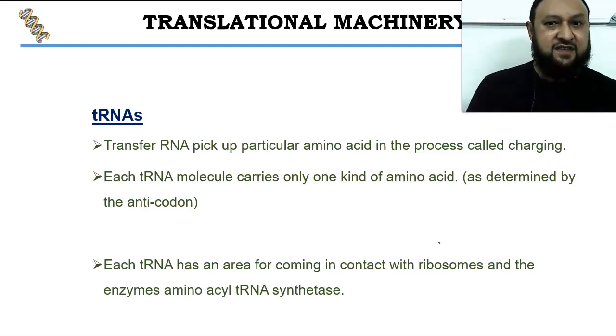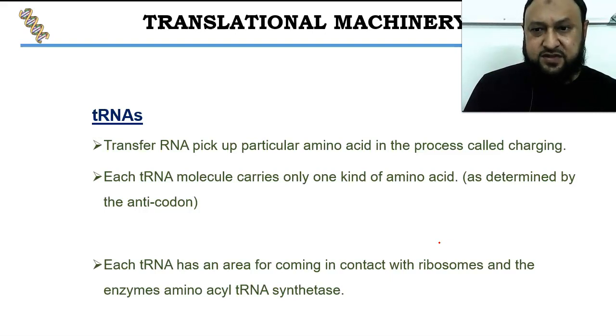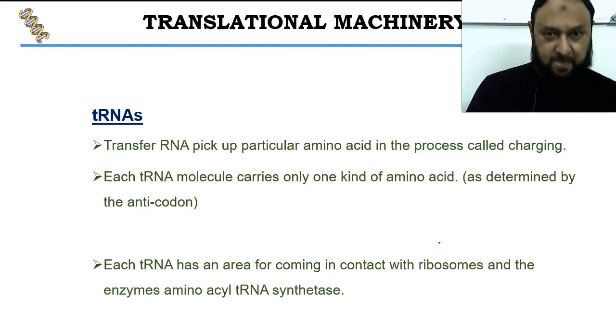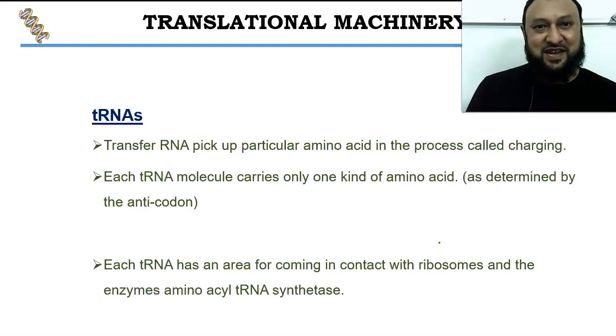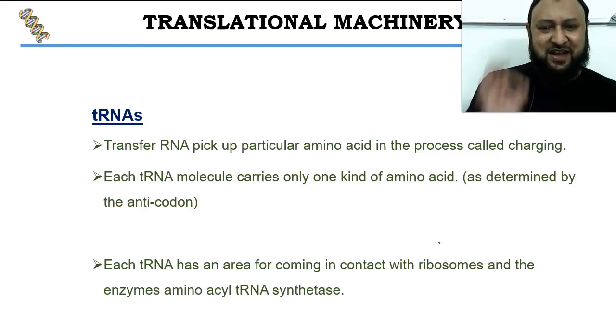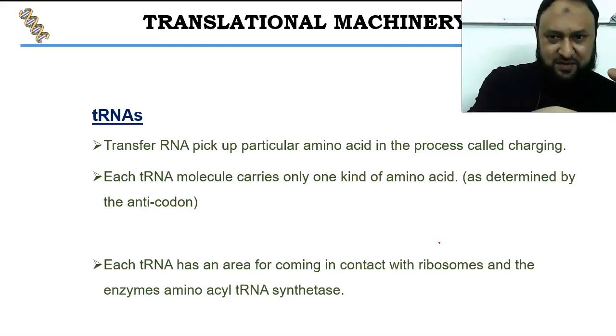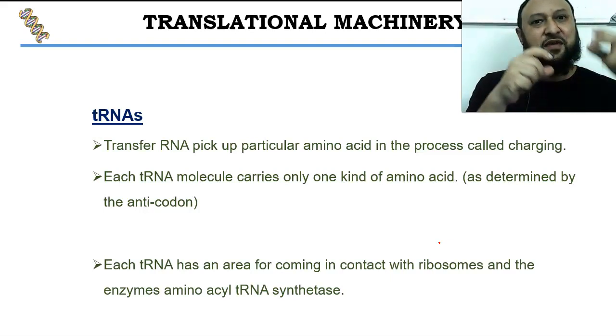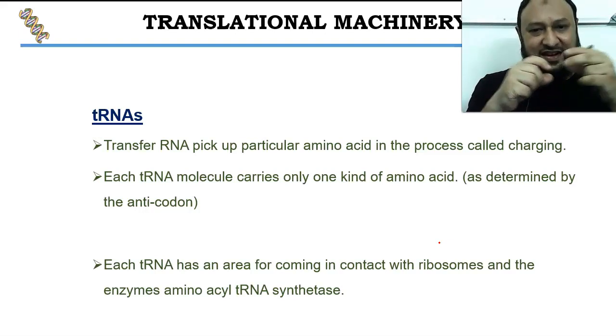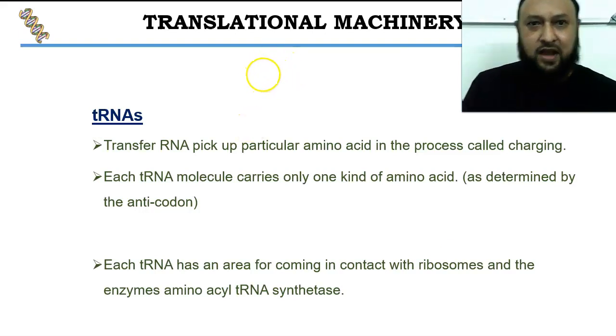Now each tRNA has an area for coming in contact with ribosomes and the enzyme amino acid tRNA synthetase. I told this before also. They are very simple, isn't it? I will draw a diagram to show you.